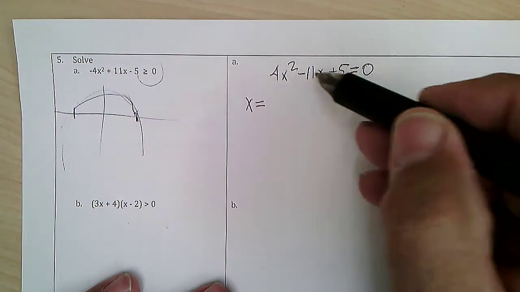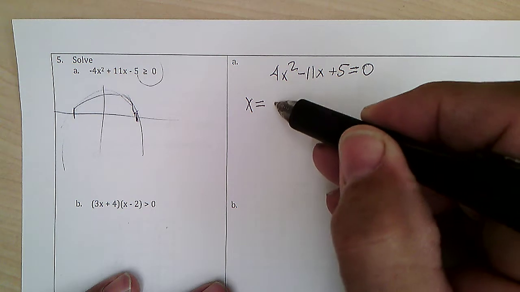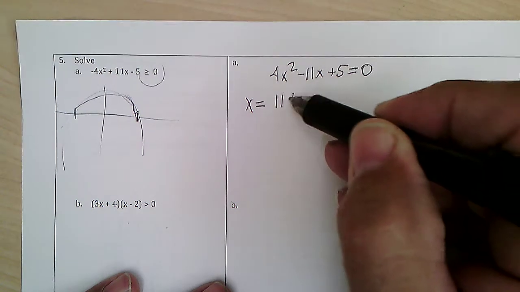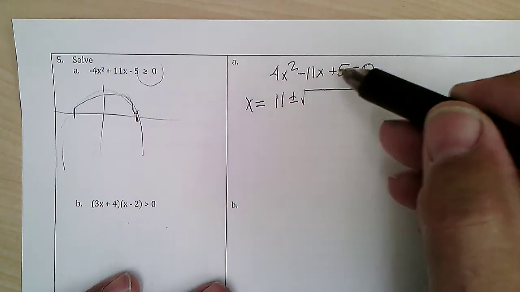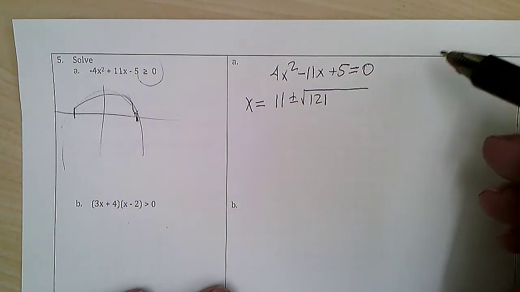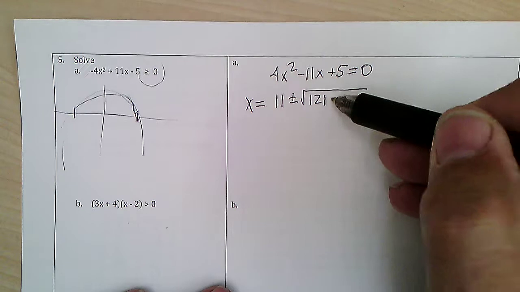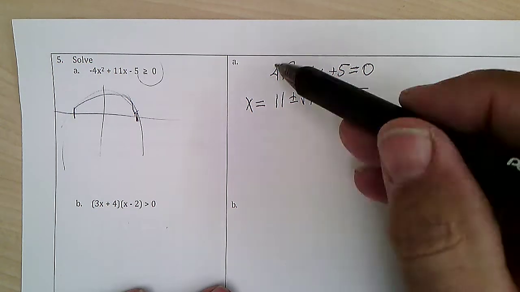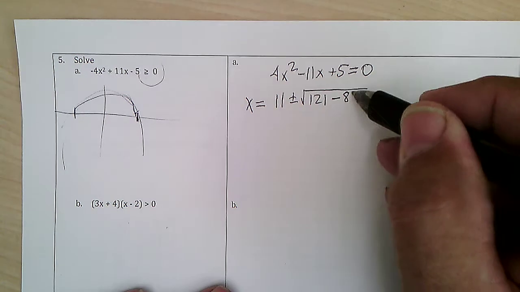X equals the opposite of negative 11. B is negative 11, so the opposite of that would be 11, plus or minus the square root of B squared, negative 11 squared, which is 121, minus 4 times A times C. Those two are positive, so it's just going to be negative. 4 times 4 is 16, times 5 is 80.